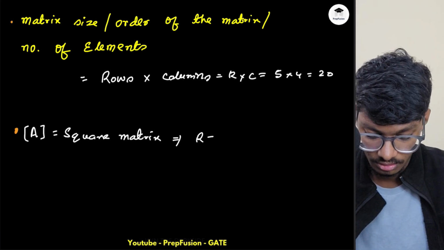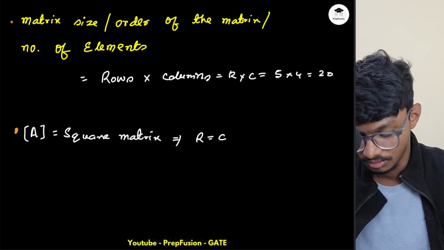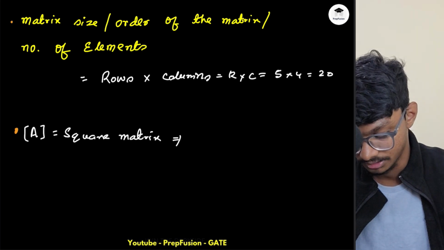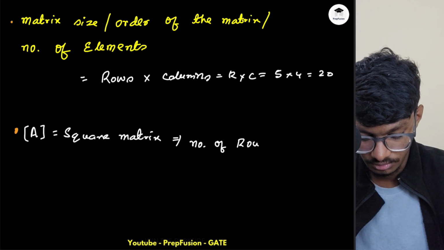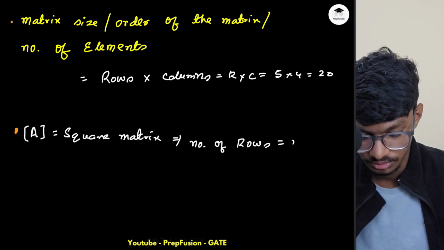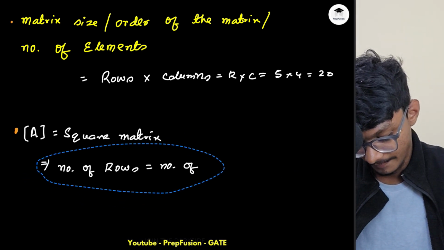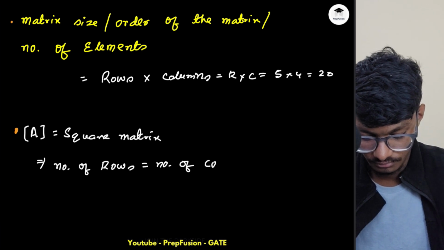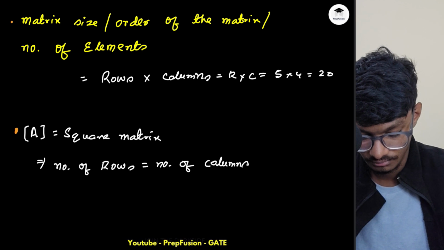My R has to be equal to C. Basically, the number of rows has to be equal to the number of columns.